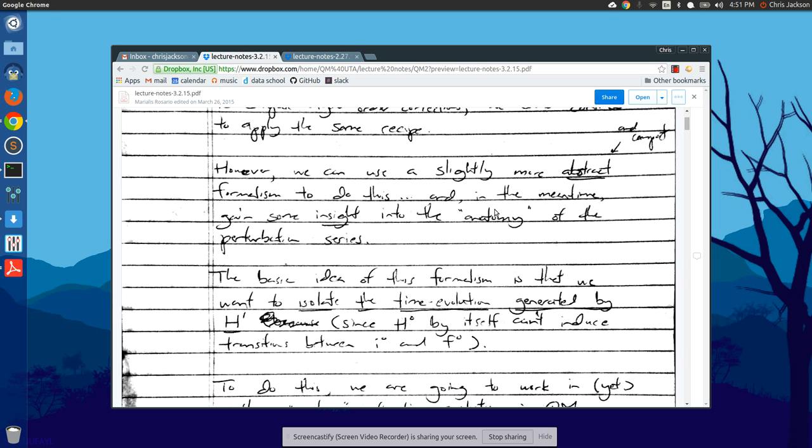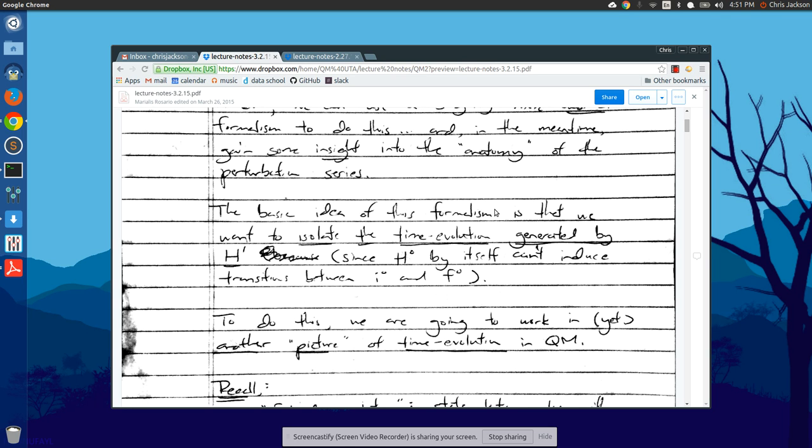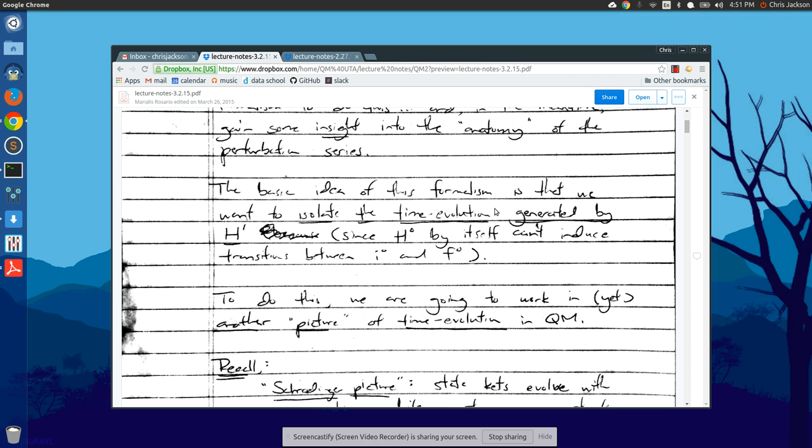So the idea of this formalism is that, like I said, we have two sources of time dependence here. We've got the time dependence coming from just the normal time evolution that we talked about last semester, but we've also got time evolution that's being generated by the perturbation. What we're going to do is try to separate these two time dependencies.